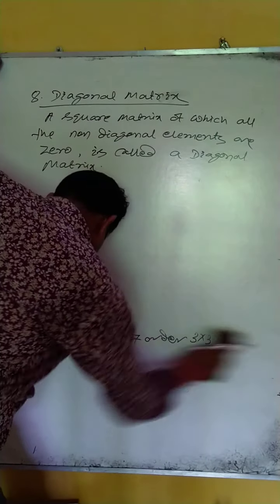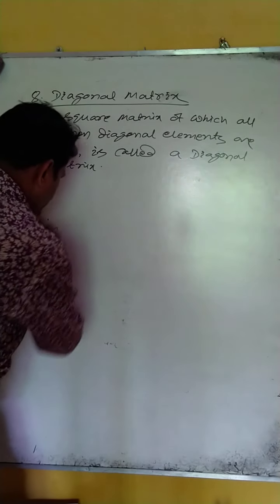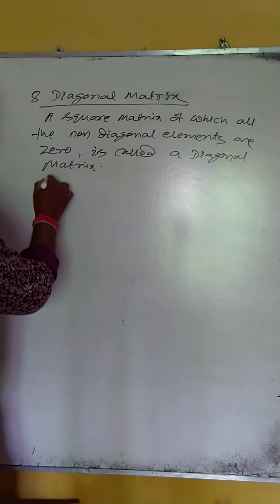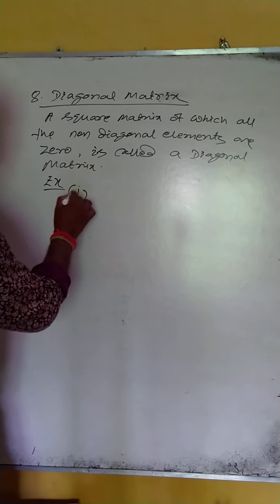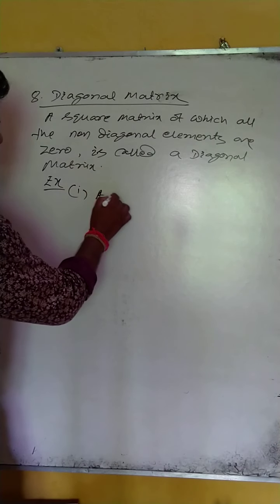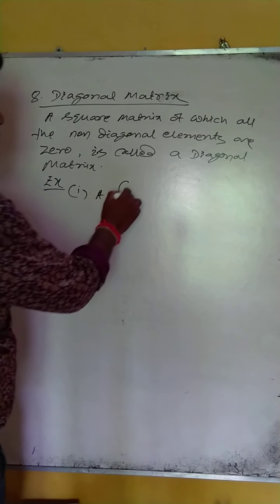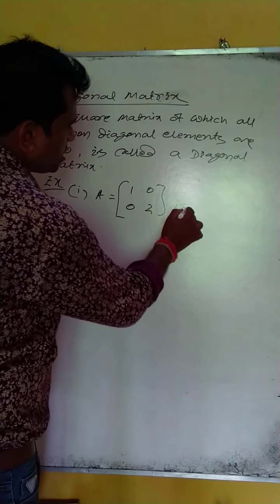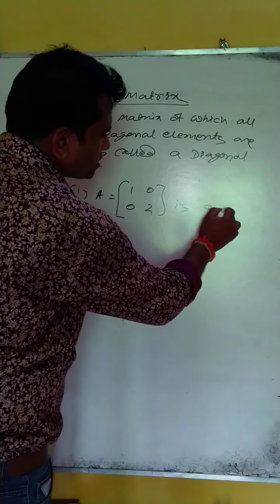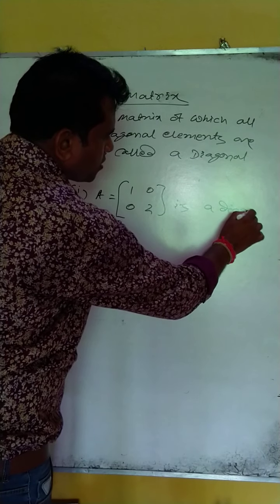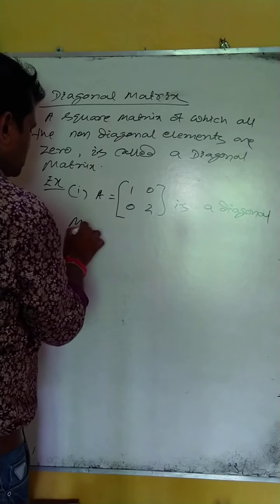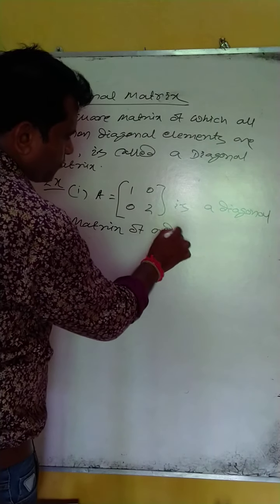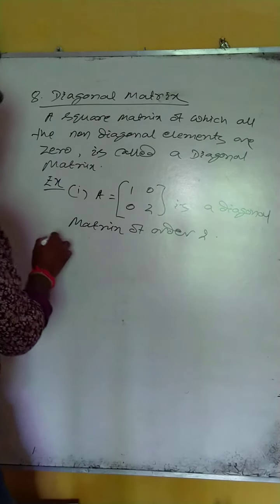Now we take some examples. A is equal to 1 0 0 2 is a diagonal matrix of order 2.